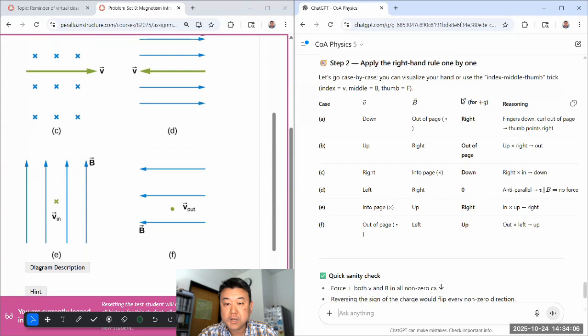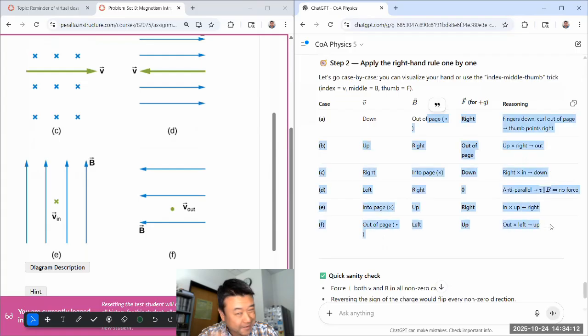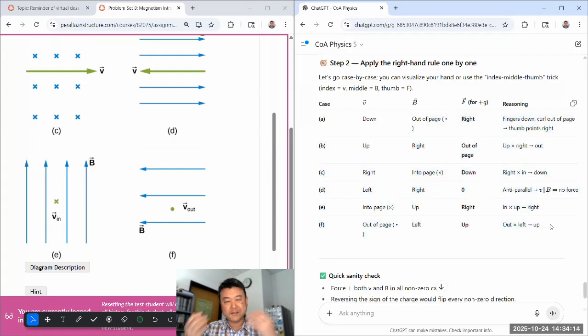F, so the cross product, let's see. I think it's given you too much information again, but I can't really stop yet. I gotta try different things. I wish it gave you a couple examples and then had you try the rest. But let me just try. So reasoning, fingers down, curl out of page. So F is to the left.